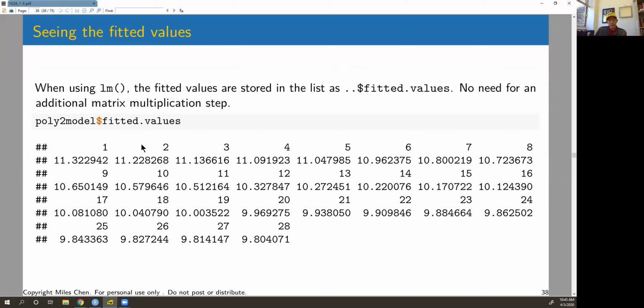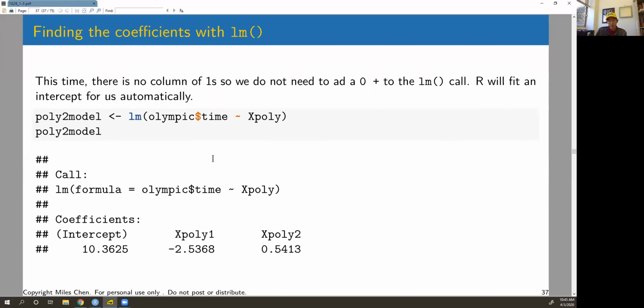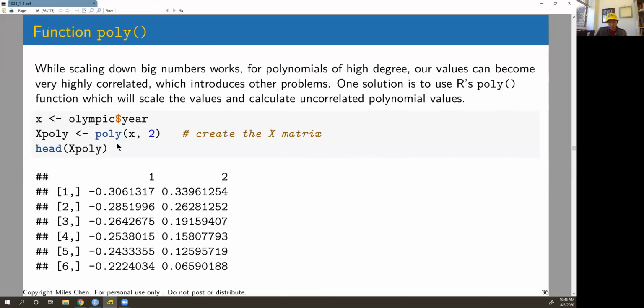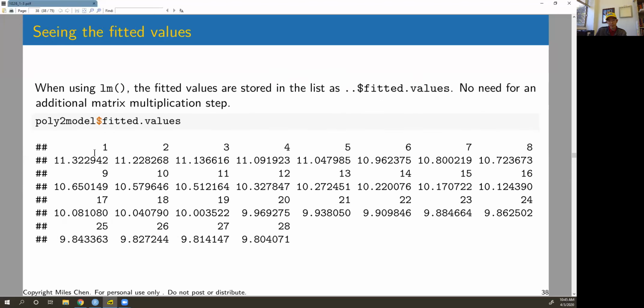And so we can see that using R's polynomial function back here produces the same fitted values. These are the same fitted values that we got when we manually created our X matrix of a column of ones, a column of x's, and a column of x squared terms. So this is going to be the quadratic, second degree polynomial fit.